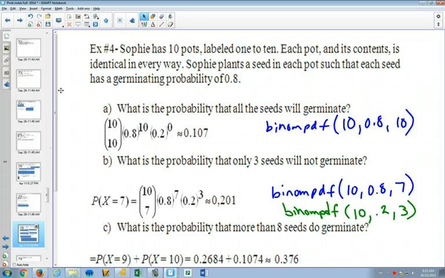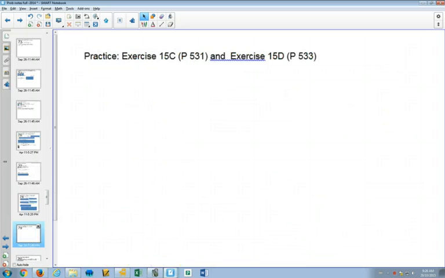So either you have to make sure you know where to find those buttons and use them. The nice thing about the formula is it is on your formula sheet, so it's not something that needs to be memorized because it's there, and you've already seen that formula before when we did permutations and combinations. So there's a homework assignment there for you to practice some.